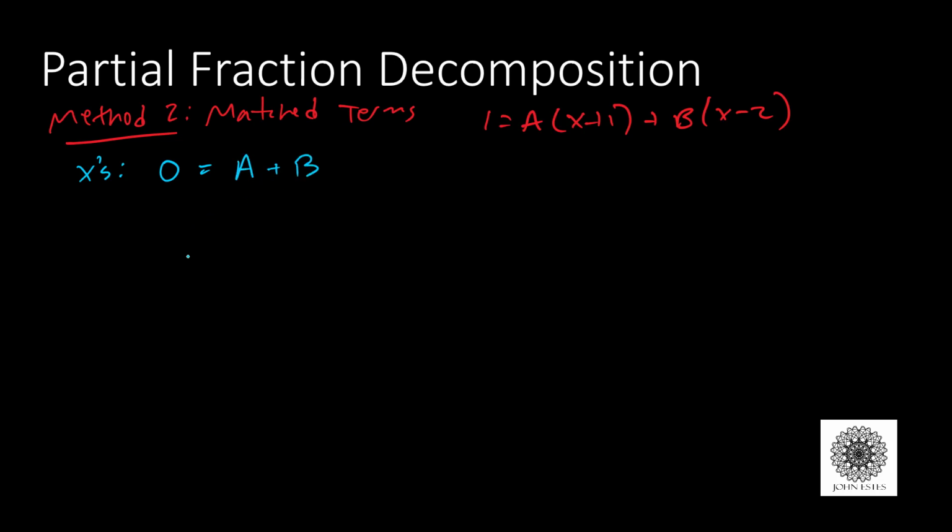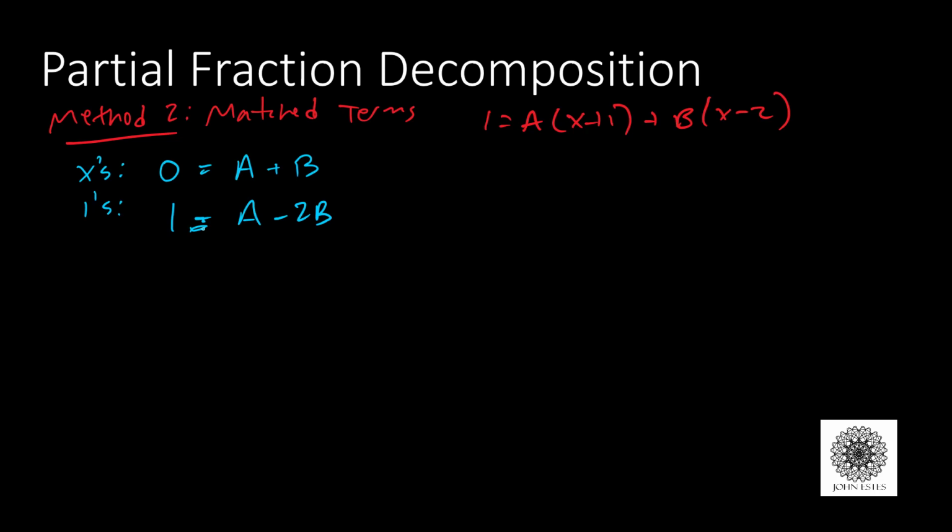So I know that a plus b equals 0. If I look at my constants, my 1's, I have 1 on the left-hand side, and I have a and a negative 2b in terms of my constants on the right-hand side.